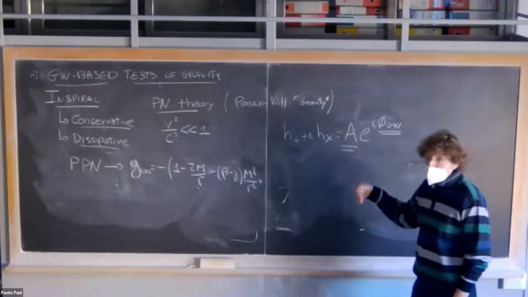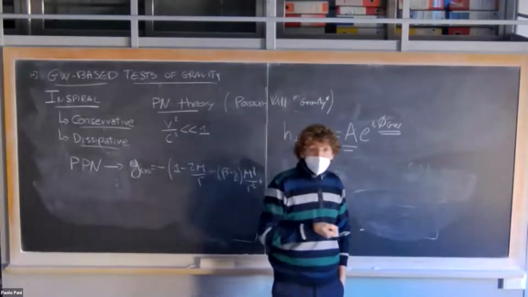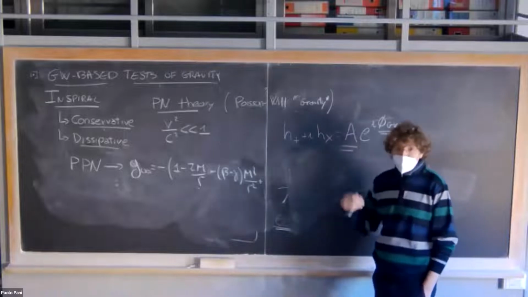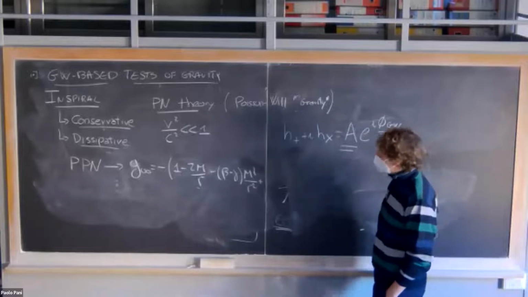And then the idea is that we will deform that expansion, introducing extra coefficients, sometimes called parameterized post-Einsteinian coefficients, that can be used to constrain the theories.